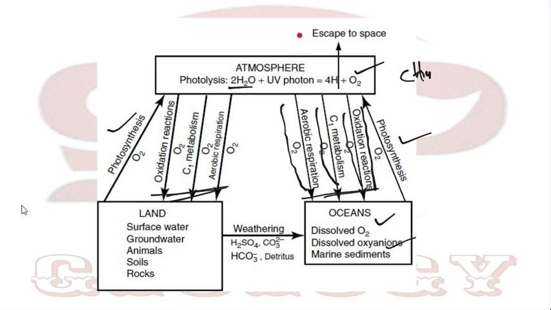So most of the oxygen trapped within our crust or mantle escapes to the surface only through the photosynthesis process. It is a very small cycle.